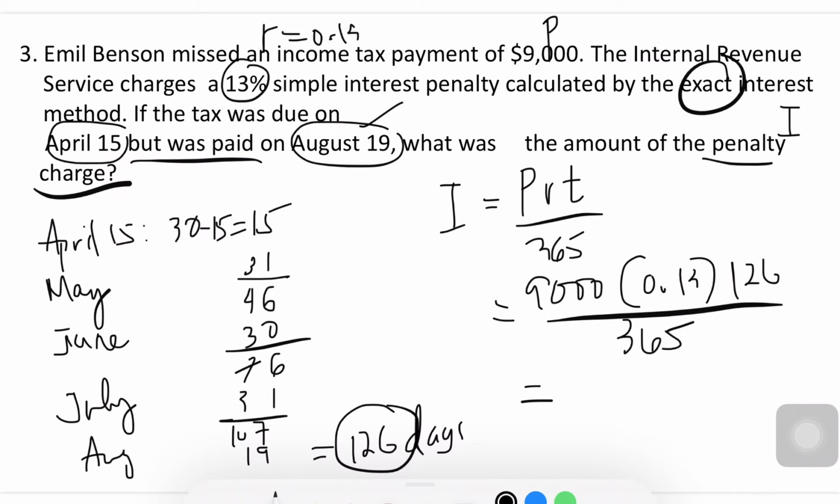Use your calculator. You have $403.89. So his penalty charge is $403.89.